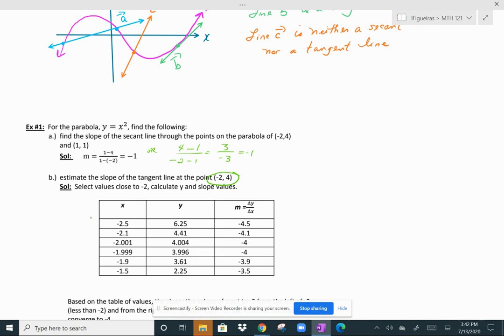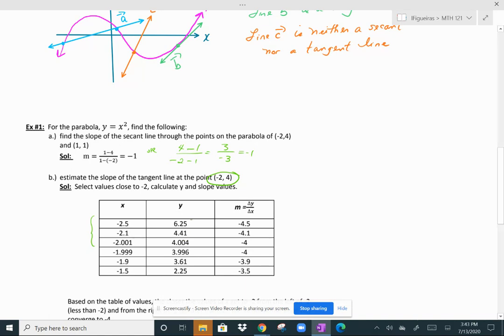So here I have a chart to show you that I'm picking values close to -2, both less than -2 and greater than -2. So the top half of this chart has the values less than -2 that get progressively closer to -2. So I start at -2.5, -2.1 is even closer, and -2.001 is even closer.